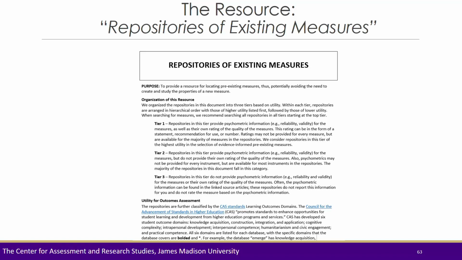We developed our resource, the Repositories of Existing Measures, to ease this burden of searching for high-quality measures. Our resource categorizes available repositories of existing measures into 3 tiers based on quality and utility. Together, we work through examples from each tier, contrasting the amount of information provided by each repository.